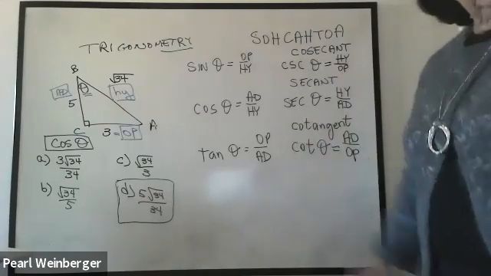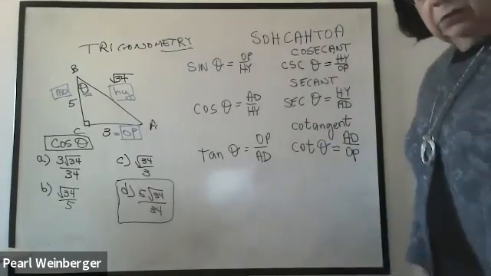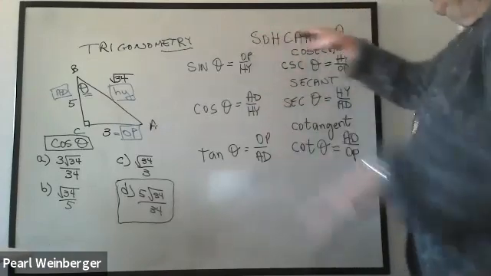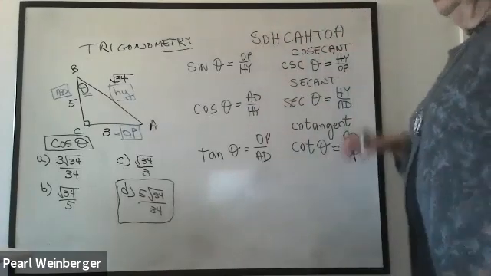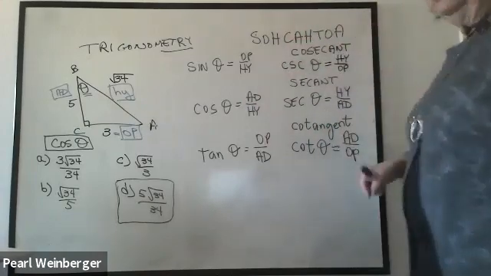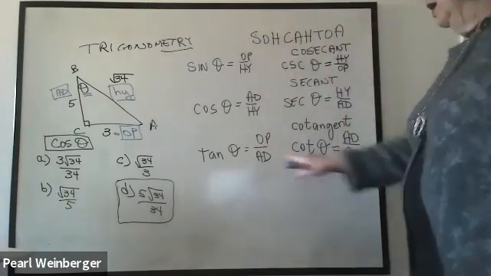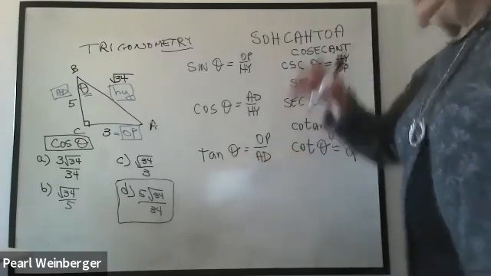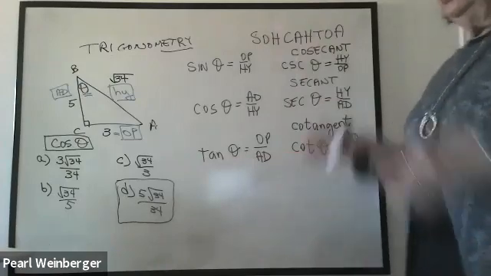The question is, how are you going to remember what goes with what? We know how to find the sine, cosine, and tangent. We know that from SOHCAHTOA. So here's how I remember it. I'm not going to give you another one of these things. It'll get too confusing. I think everybody will be okay with being told that cotangent is the reciprocal of tangent. It sort of makes sense.